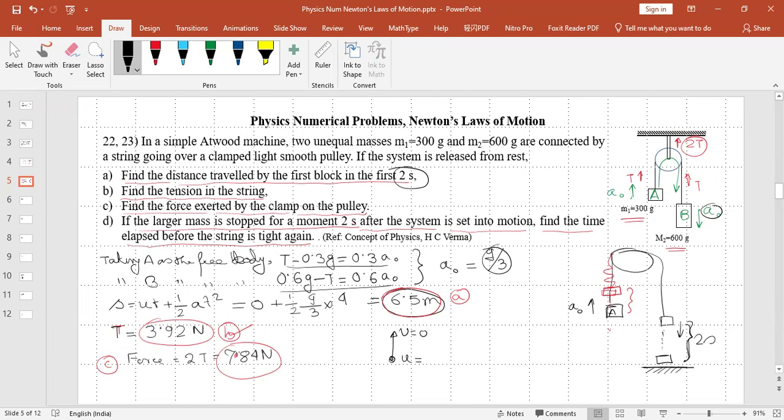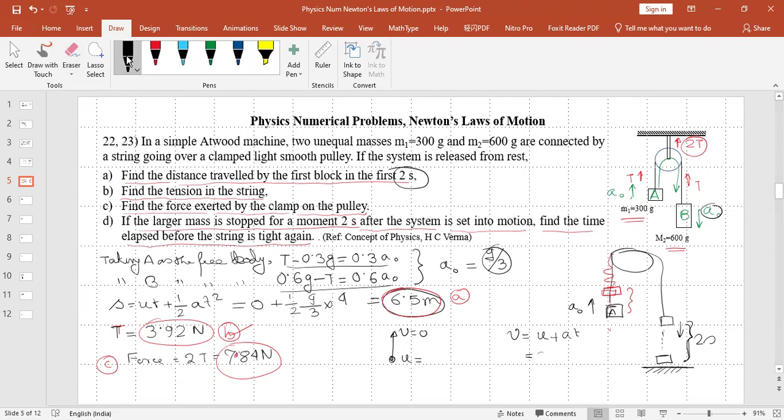Let us say this velocity v is equal to, once again, v equal to u plus a t.